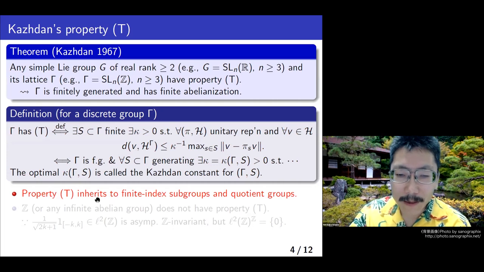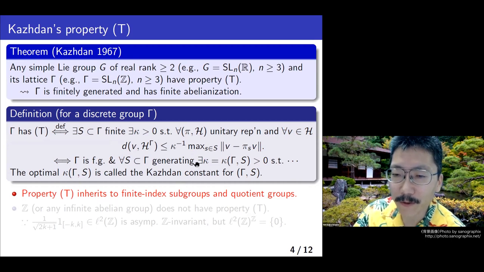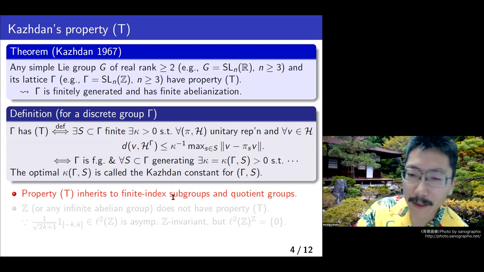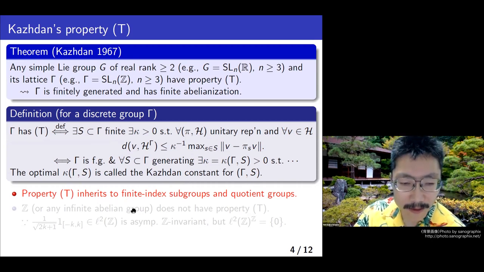Anyway, as I told you, property T is inherited by finite index subgroups and quotient groups. That it is inherited by quotient groups is obvious from the definition, since any representation of the quotient group is a representation of the group itself. The finite index case is a small exercise.